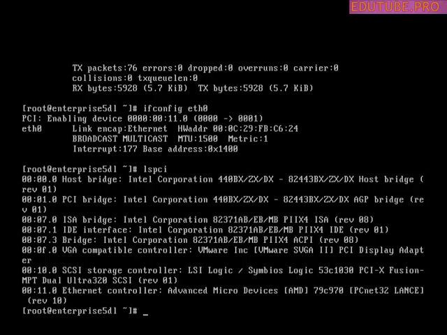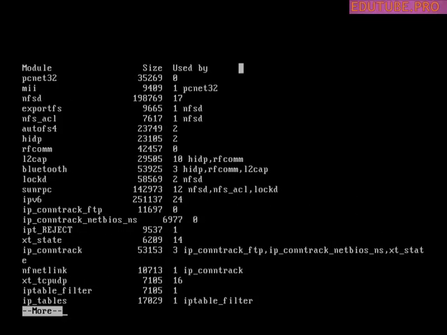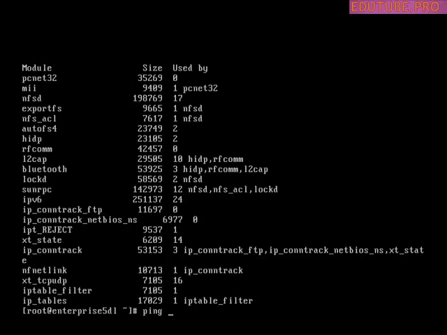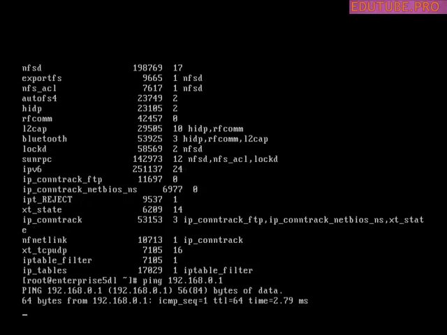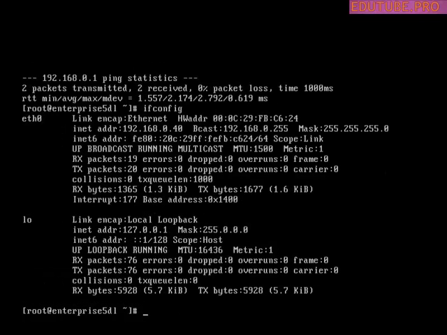I could insert it with the insmod command, but that wouldn't necessarily take care of any dependent drivers, so I use the modprobe command. And look at that. The pcnet32 driver is now back in. And I've got access to my network. And that's because the network card is back up.